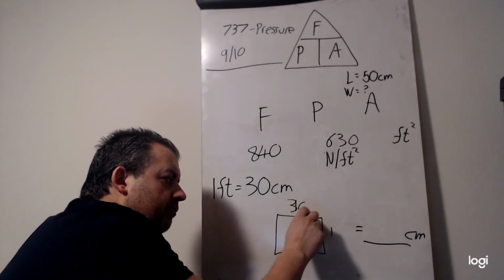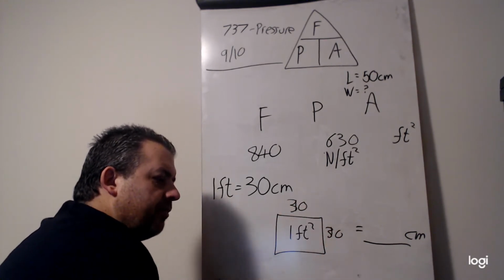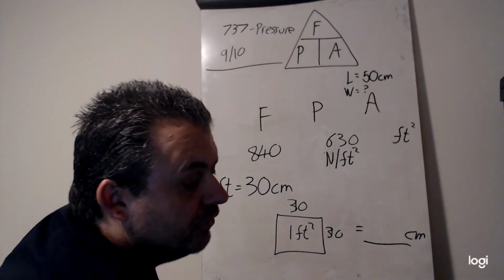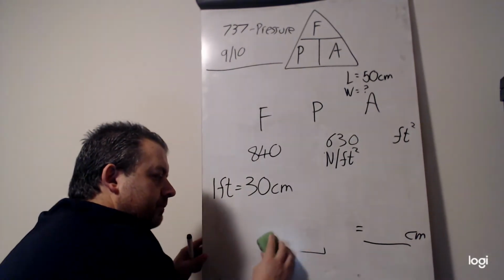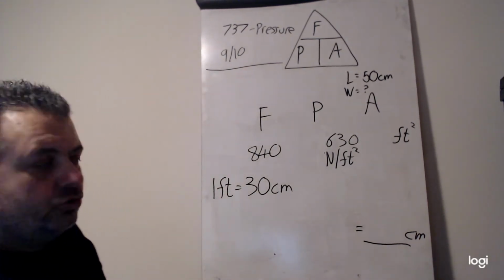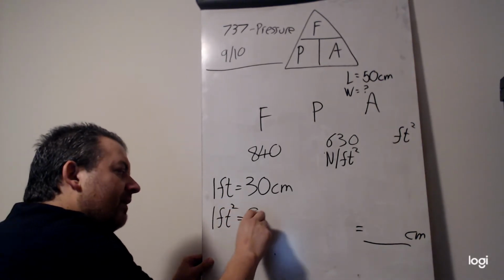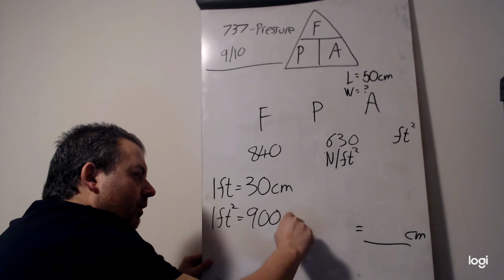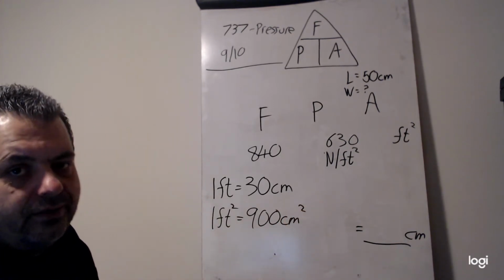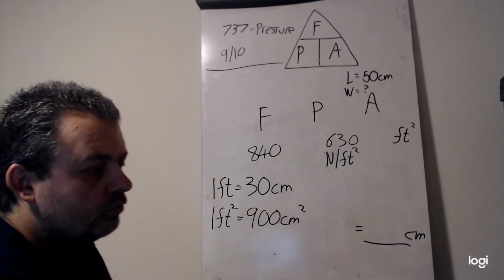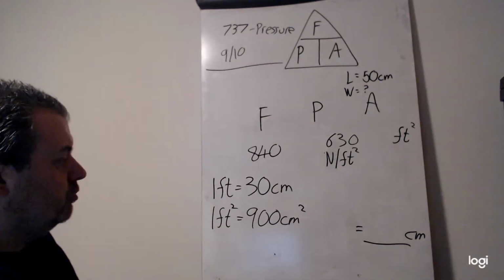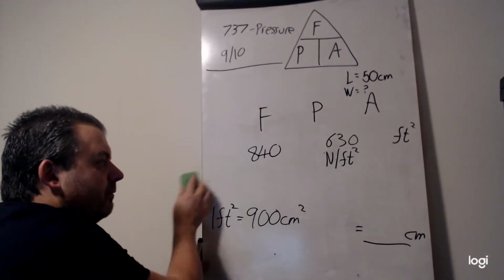Picture the same square, 30 by 30. 30 times 30 is 900. So 1 square foot is 900 centimetres squared. I'll repeat, 1 square foot is 900 centimetres squared.